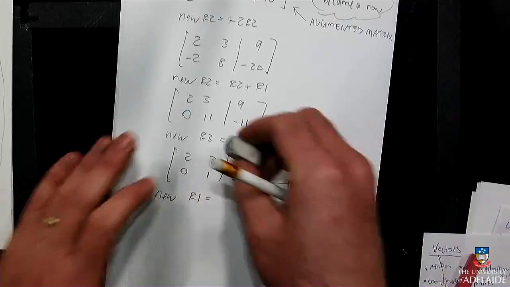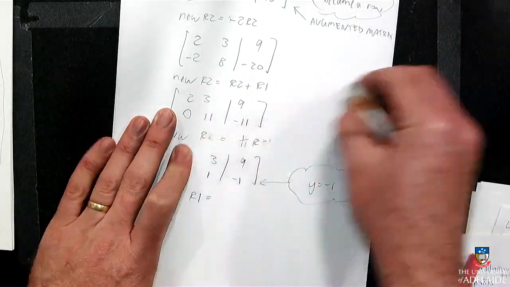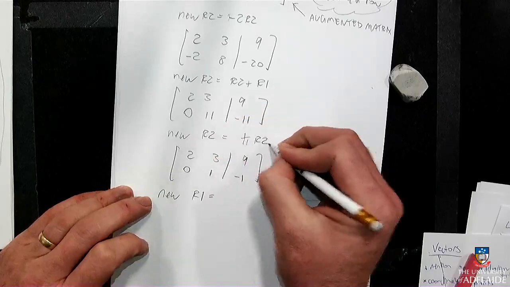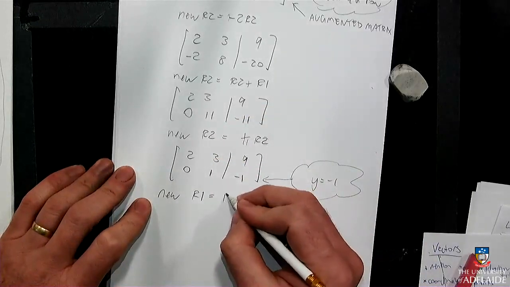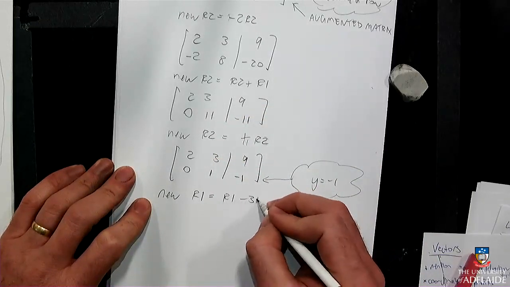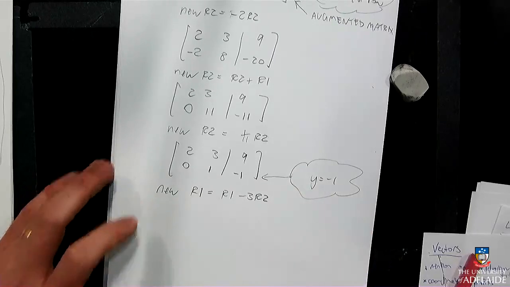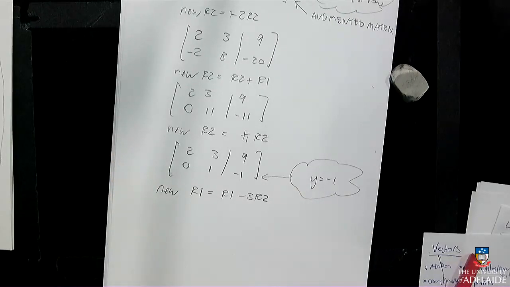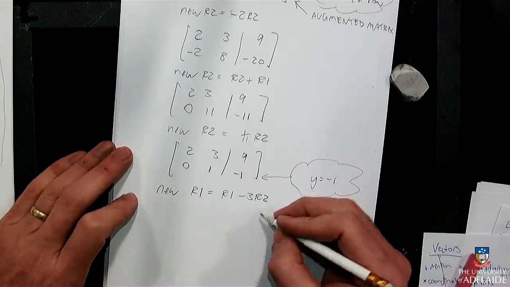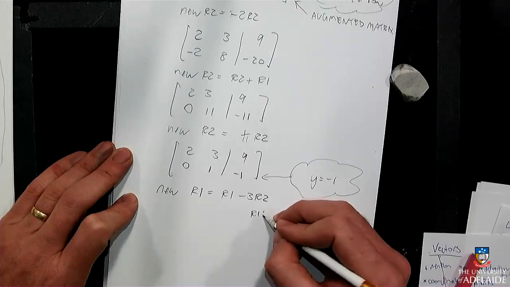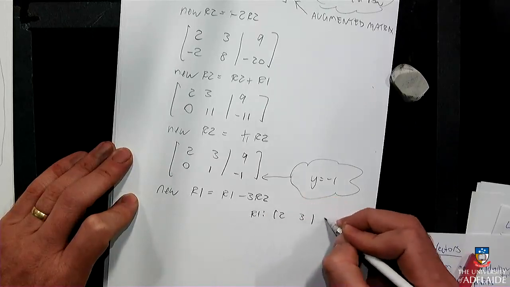Why am I calling this row 3? It's only row 2. Sorry. So my new row 1 is my old row 1 minus 3 lots of row 2. I'm going to do all of that in one go. Okay, let's see if I can do it. No, I can't be bothered. I'm just going to write down the working. This is what row 1 is: 2, 3, 9.